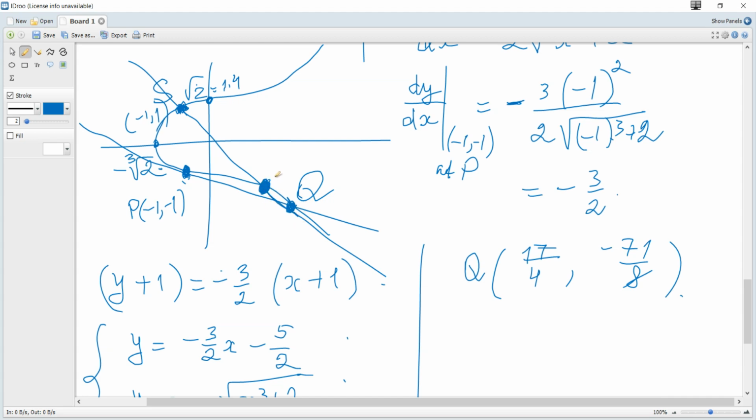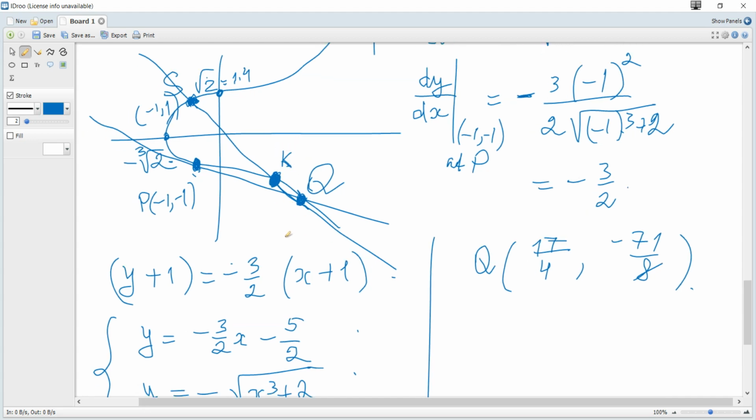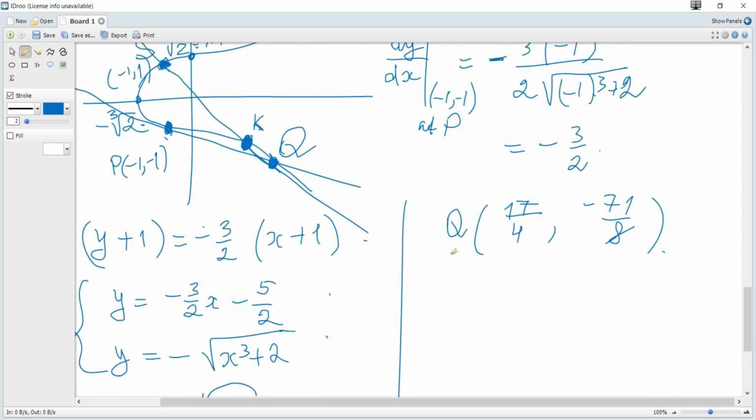Coordinates of this point, let it be, for example, K.